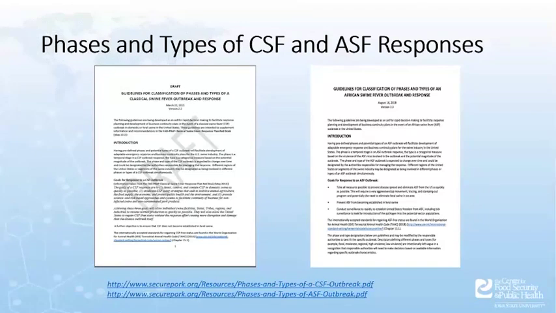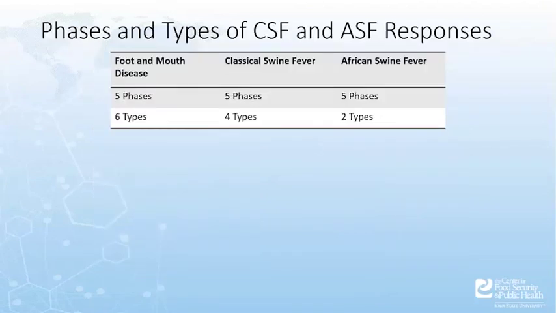And then, as part of Secure Pork, we developed phases and types of CSF and ASF responses with a lot of input from regulatory officials and the industry. These are available on the Secure Pork Supply website. For all three diseases, the same 5 phases are used for the outbreak.